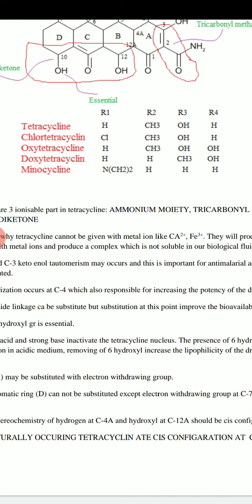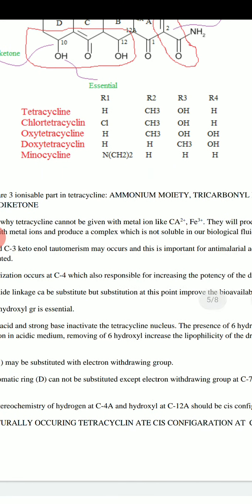There are so many derivatives of tetracyclines. Number 1, tetracycline, chlortetracycline. What is the basic difference between tetracycline and chlortetracycline? That is at the C7 position or R1. In case of chlortetracycline, it is Cl and improves the activity. And oxytetracycline, the difference is at the R4 position, that is a hydroxy group, whereas in case of tetracycline, R4 is hydrogen.